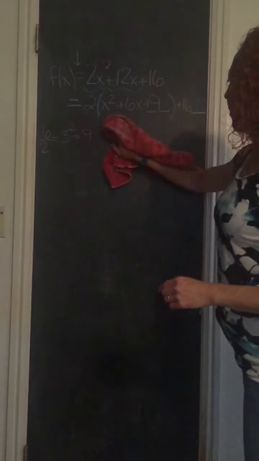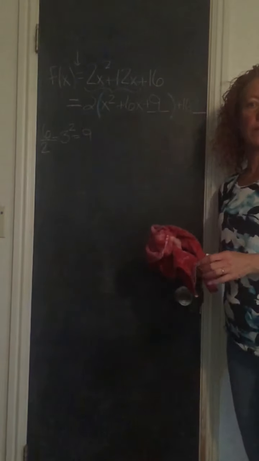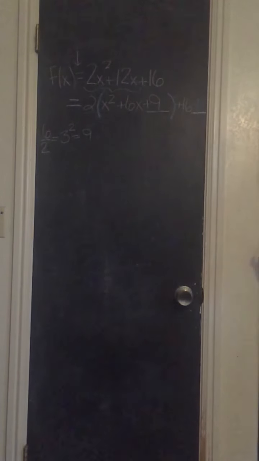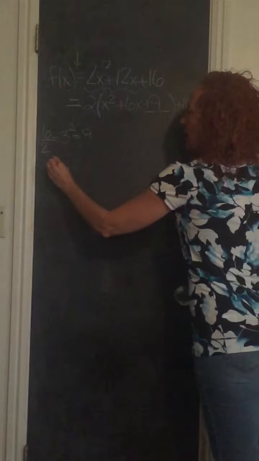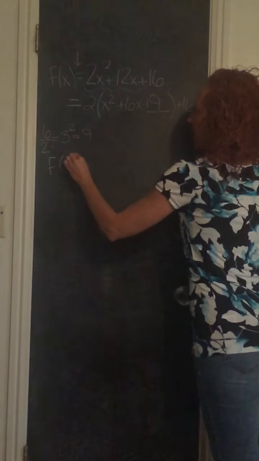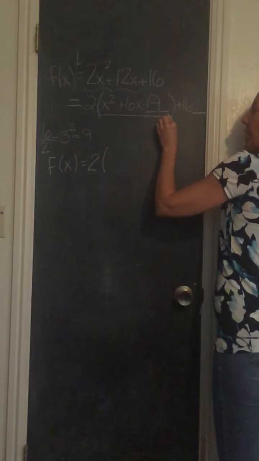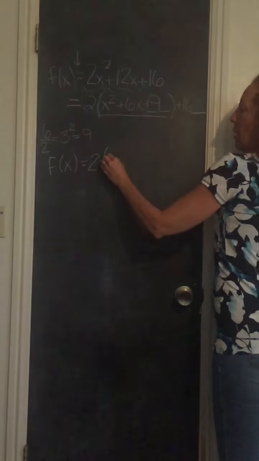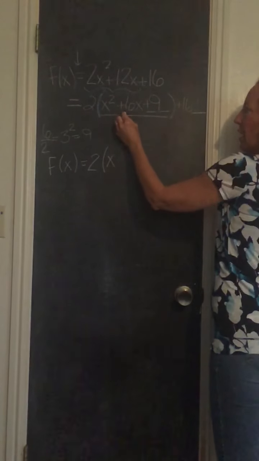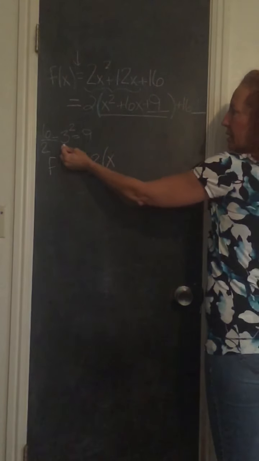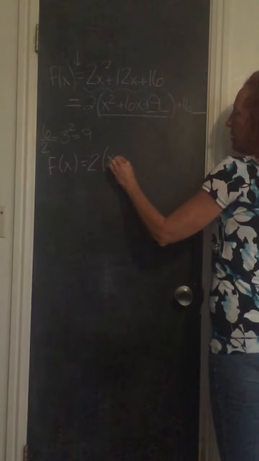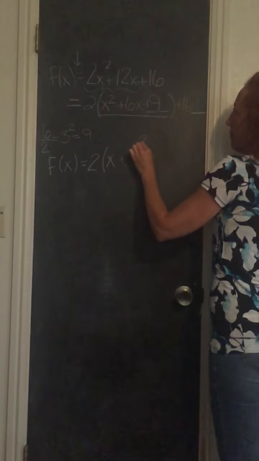All right, but that part has nothing to do with the factoring. This 2 is going to come straight down. So I have f of x equals 2. This can be factored. Two numbers that multiply to 9 that add up to positive 6 this time. It's always going to be that guy, x plus 3 squared.